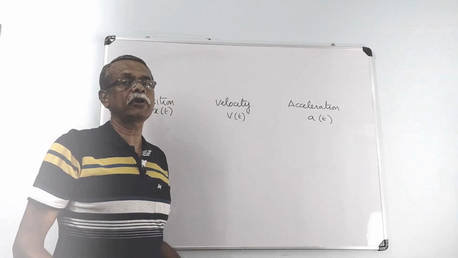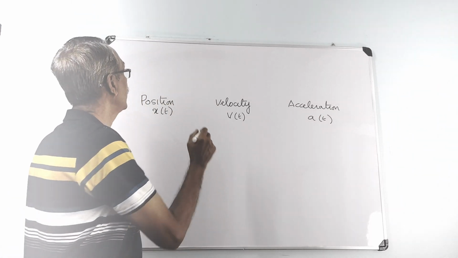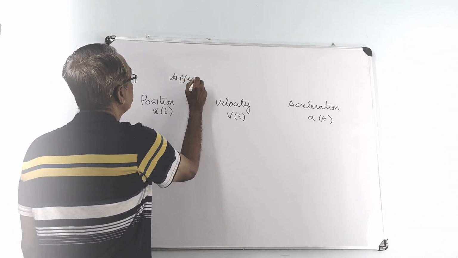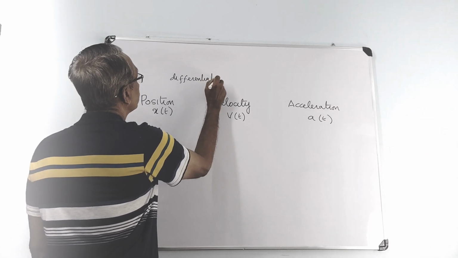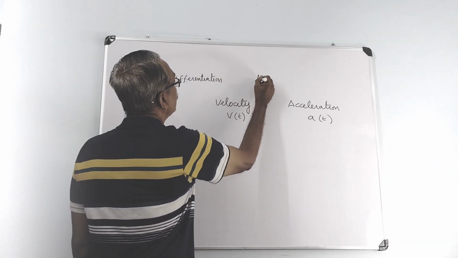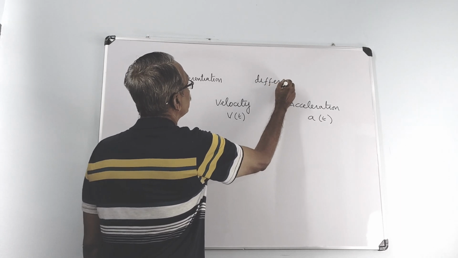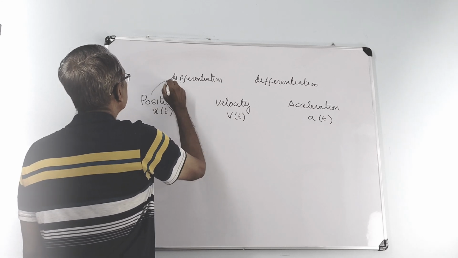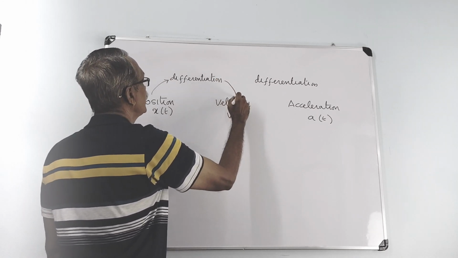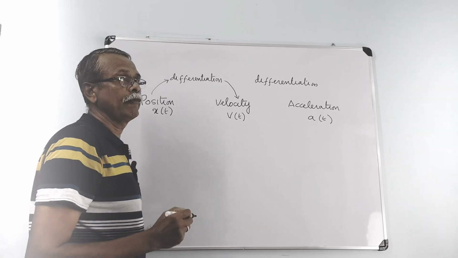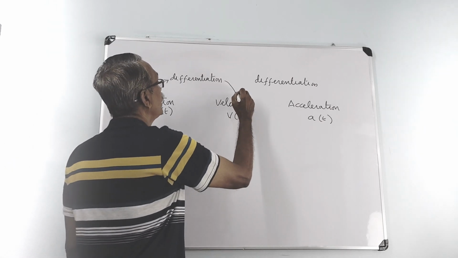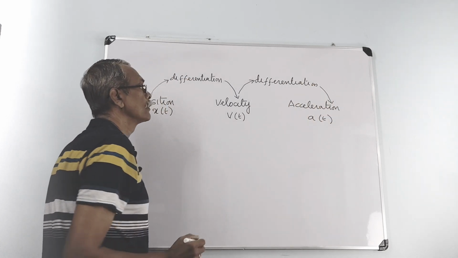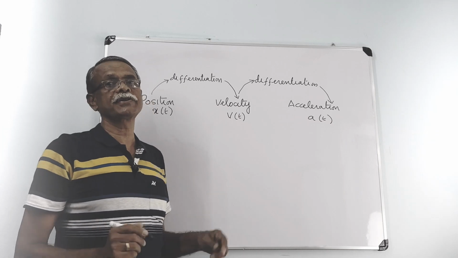Then we know from our previous discussion that by the process of differentiation, we can go from the position as a function of time to velocity as a function of time, and velocity as a function of time to acceleration as a function of time. For this, we need differentiation.